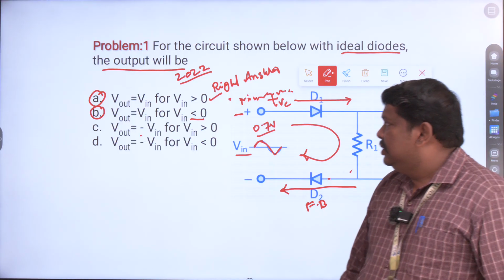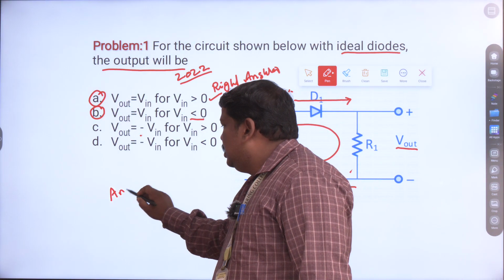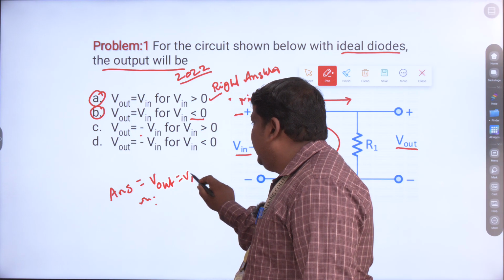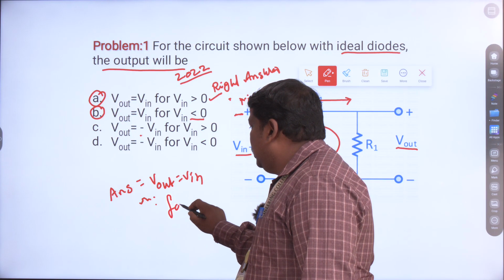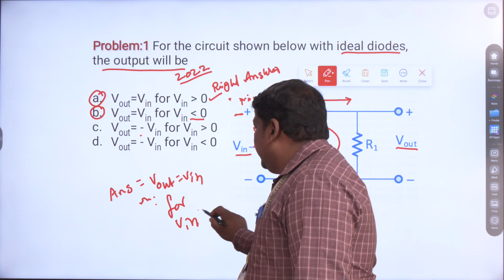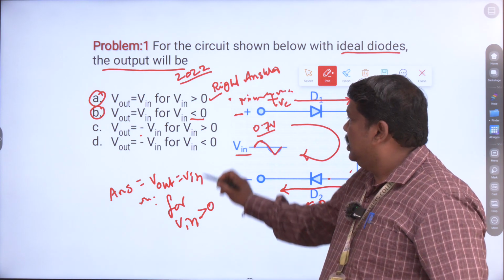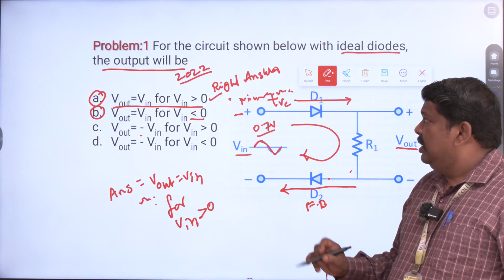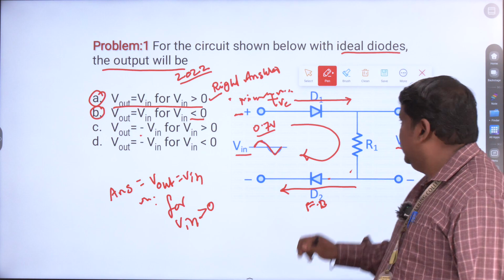So the correct option is V out equals V in for input voltage greater than 0. This is your right option. This is your problem number 1. It was asked in your previous year GATE questions.